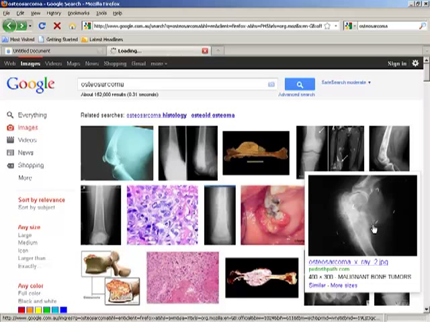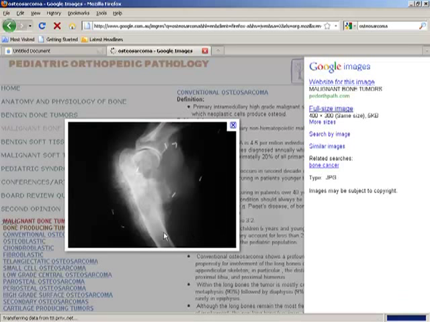Here, one more. This area is a Codman's triangle, which is not really part of the tumor, but it is actually extension of the normal bone.